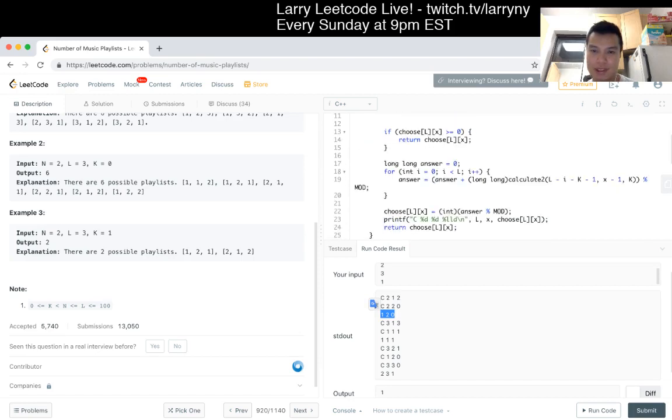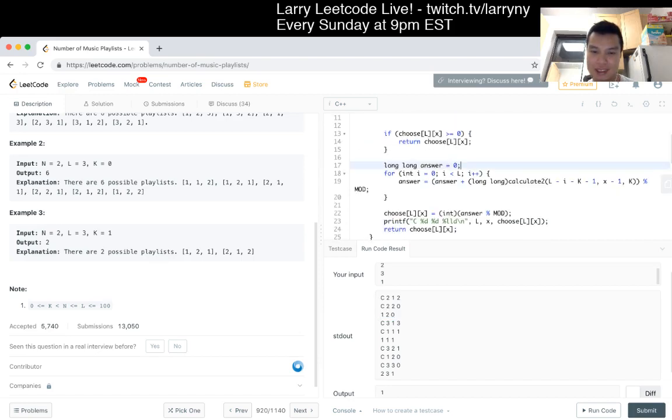This is returning 0 because this takes account of K. Okay, what do I want to do? Oh my god. Is there another function that I have to add?